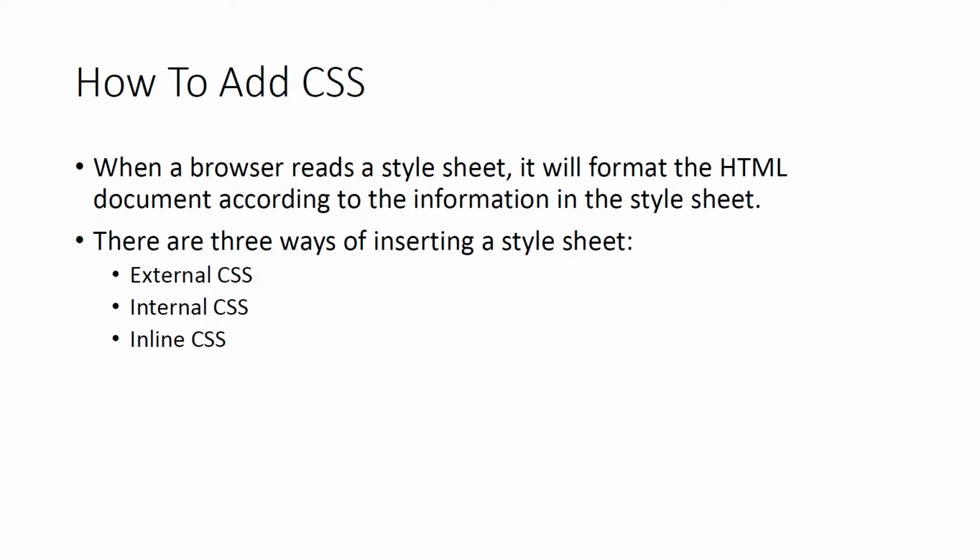This one is always very quick and very easy to use, especially whenever we just want to apply one style once in our HTML page. If you just want to apply a style once, there is no need to put it in the internal or an external file. Just go ahead and use the inline CSS and you'll be able to do it.